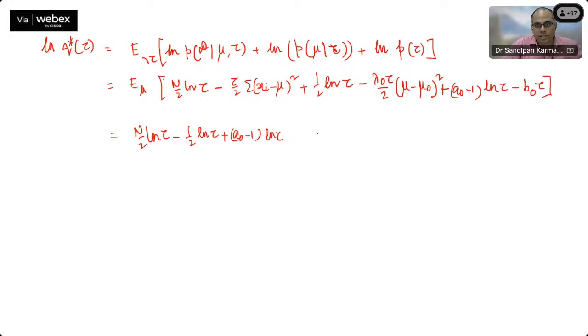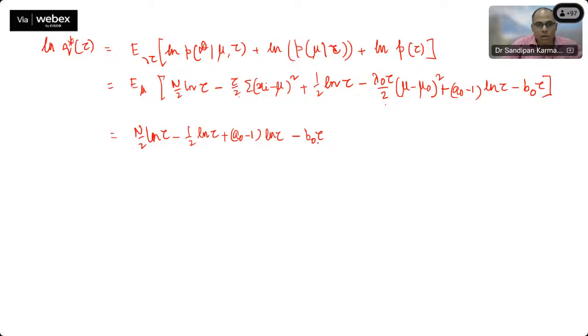Then the rest of the things that we have to find out: this b naught tau, then this lambda naught tau by 2 times mu minus mu naught whole square, as well as this one, minus tau by 2. So we have to actually look at this. Here it is coming as minus b naught tau.